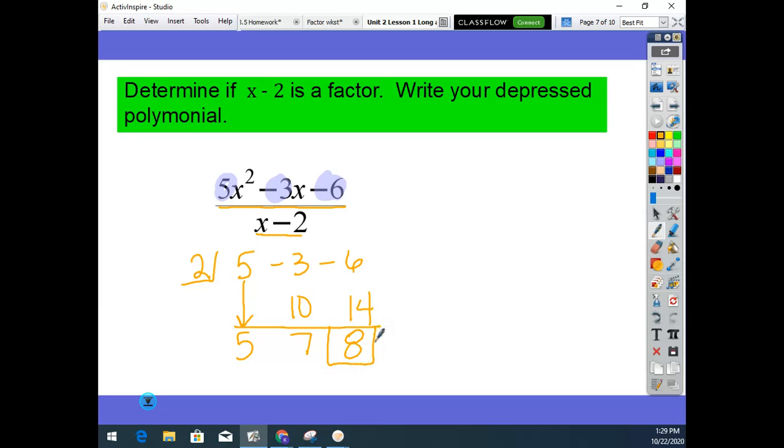This number is always what? That's the remainder. The remainder is 8. What's my quotient or depressed polynomial? Constant, put a plus in front of it, and then I need an x. 5x plus 7.